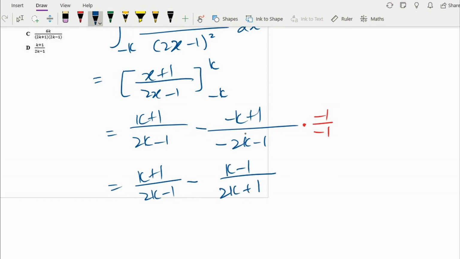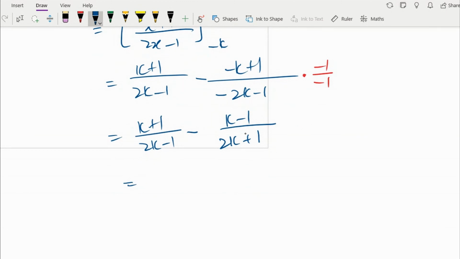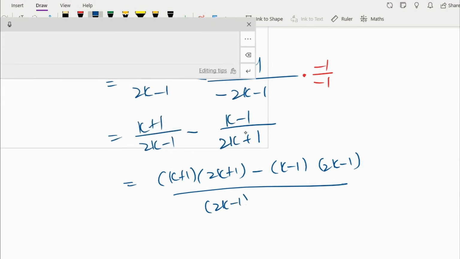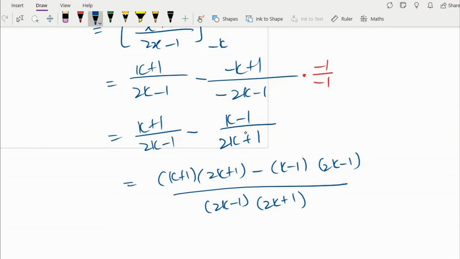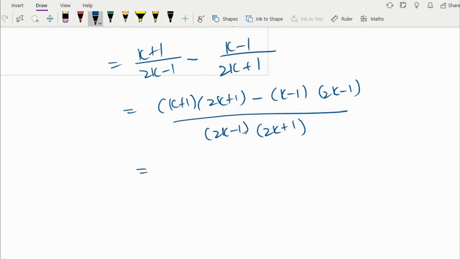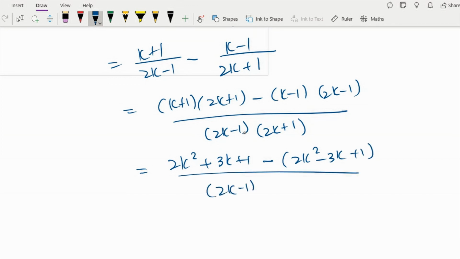Now you can write this together: (k plus 1)(2k plus 1) minus (k minus 1)(2k minus 1) over (2k minus 1)(2k plus 1). Then this should be 2k squared plus 2k plus k is 3k plus 1, then minus (2k squared minus 2k minus k plus 1).